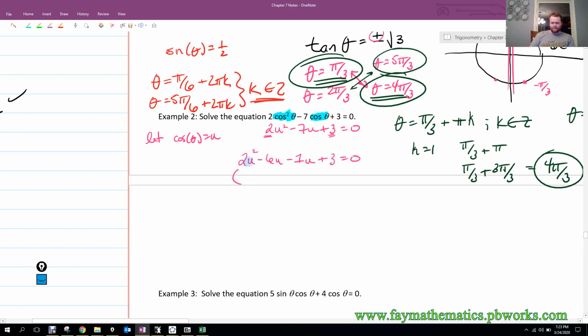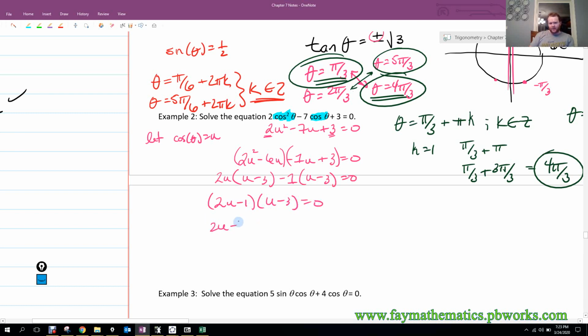Group the first 2, the back 2. So I'll get a 2u coming out of the first 2, would be u minus 3. Get a negative 1 coming out of the back 2, so u minus 3 again. So I get 2u minus 1 as a factor, and u minus 3 as a factor.